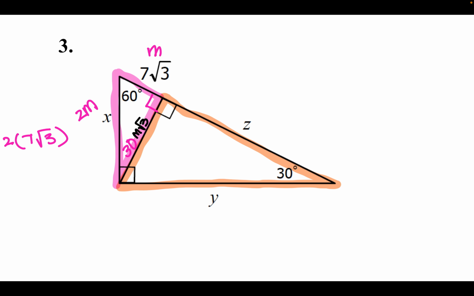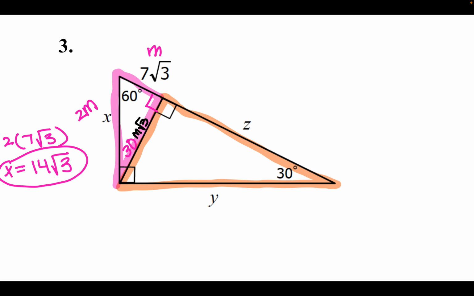Now just a refresher, when you multiply this, only the 2 and the 7 multiply. The 2 does not multiply with the square root of 3. So we write this as x is equal to 14 square roots of 3.